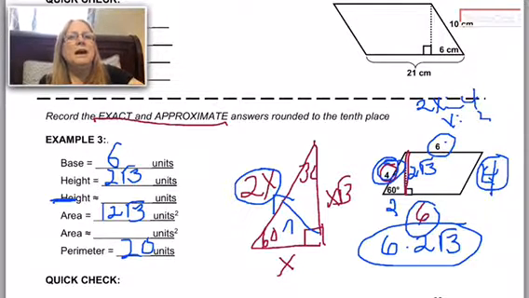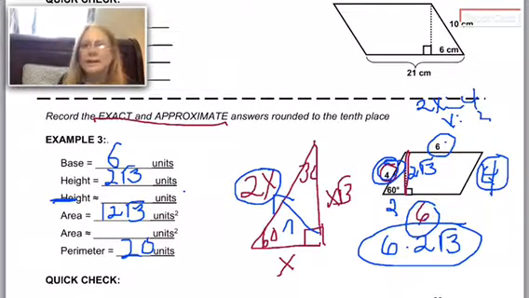And then when we go back and they want the approximate height, just use your calculator and put 2 times the square root of 3. So let me do that. 2 times the square root of 3 is approximately 3.5.